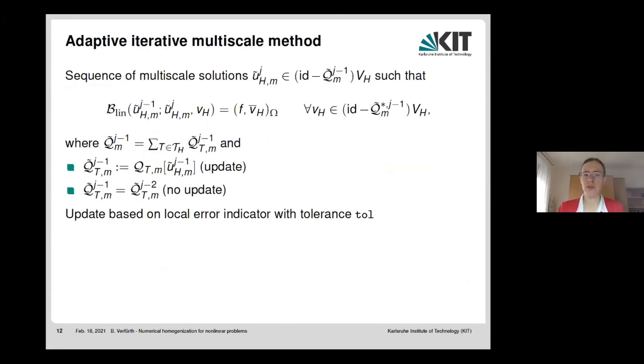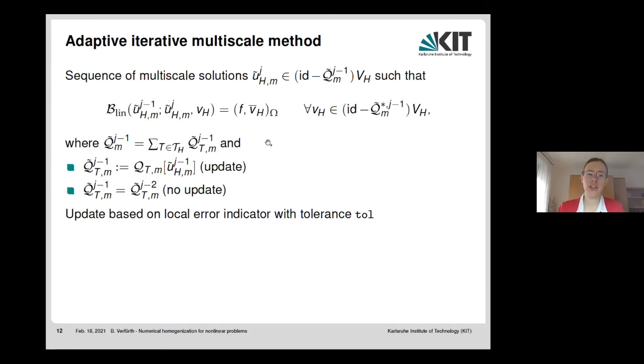And this is what is shown on the next slide. I will just give you the idea of it. So we now have a sequence of multiscale solutions U tilde_J^H,M that are again defined as solutions of linear Helmholtz problems linearized at the previous iterate in a multiscale space consisting of the finite element functions minus some corrections.